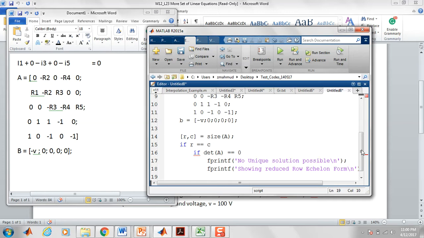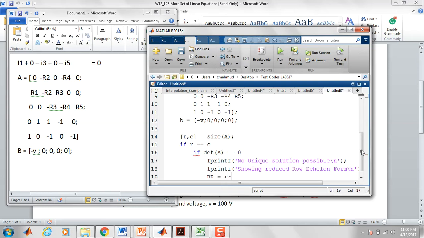And then you're going to find our reduced row echelon form. So it's kind of going to be the same value. So let's do RR, reduced row echelon form.